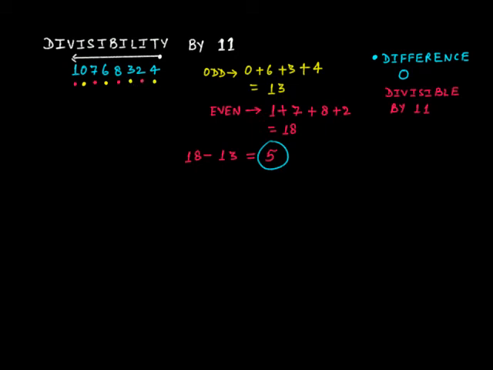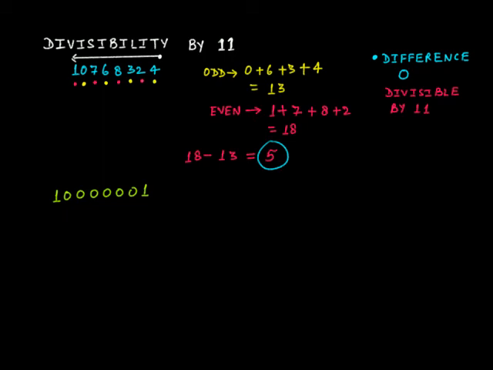Let's take one more example. Suppose you have the number 1, 0, 0, 0, 0, 0, 0. You have 6 zeros, and then you have the digit 1. You have this number, and you have to check its divisibility by 11. Same steps.